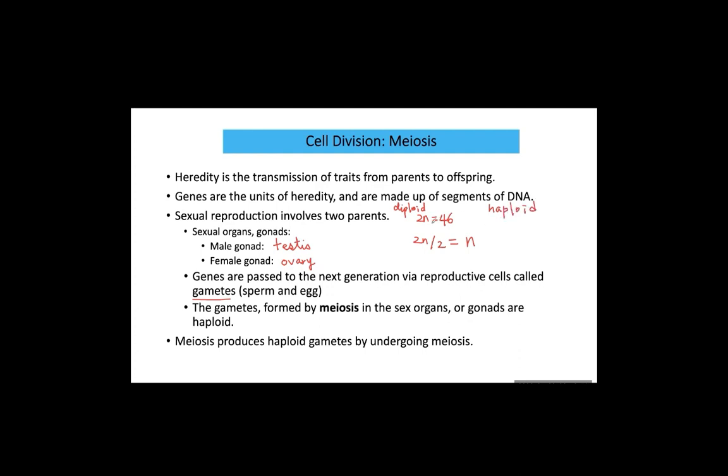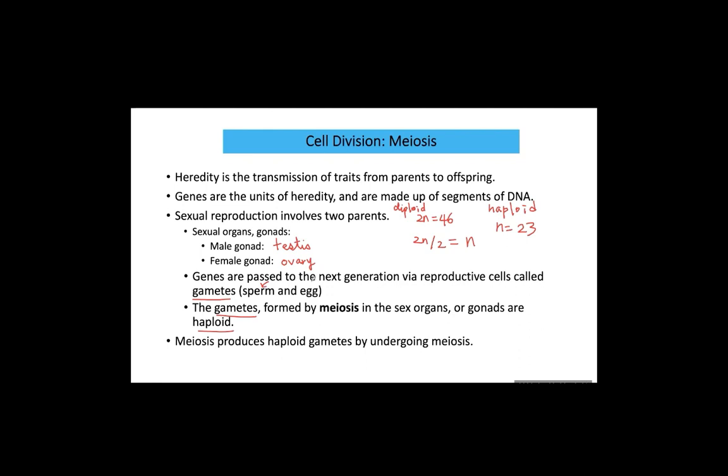So in the case of a human, 2n is 46. Therefore, n equals 46 divided by 2, which becomes 23. A gamete, sperm and egg, have how many chromosomes? Haploid. So there are 23 chromosomes in the sperm.